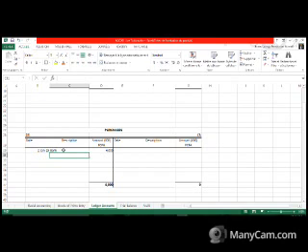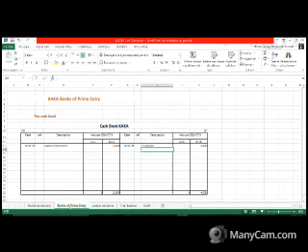On the 3rd of January, KAKA bought a delivery van for 2 million francs CFA and pays by check. Two accounts again are involved here. Delivery van and the bank. He removed money from his bank account, so the bank will reduce. So we credit bank on the 3rd of January 2019.